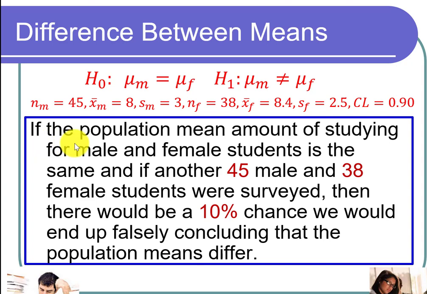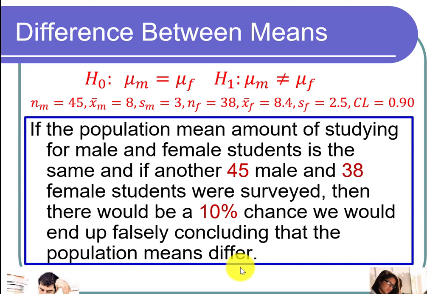And we can say if the population mean amount of studying for male and female students is the same, and if another 45 male and 38 female students were surveyed, then there would be a 10% chance, because our level of significance was 0.1 or 10%. So there would be a 10% chance we would end up falsely concluding that the population means differ.